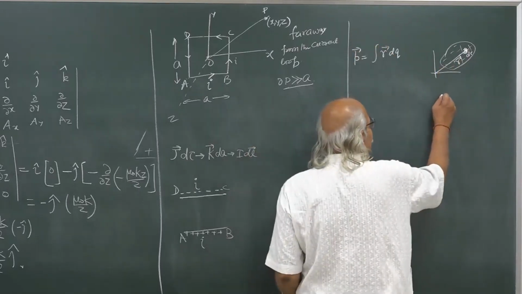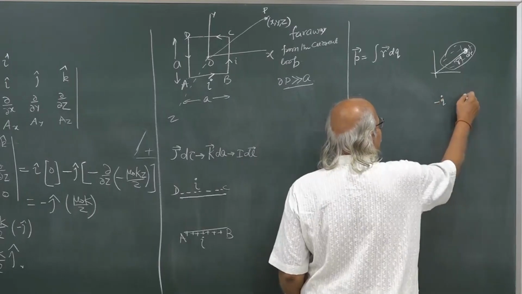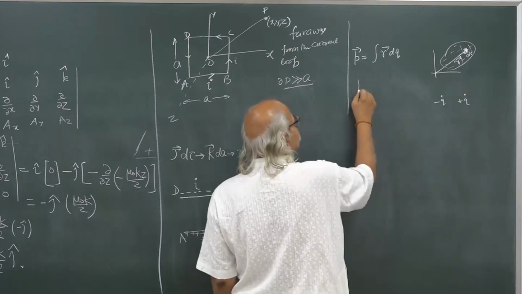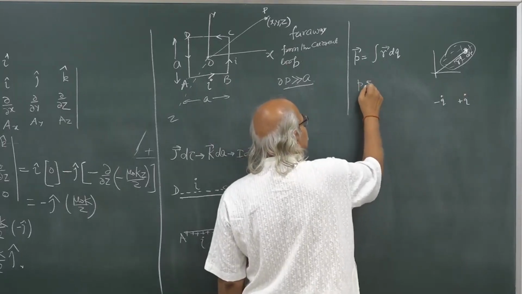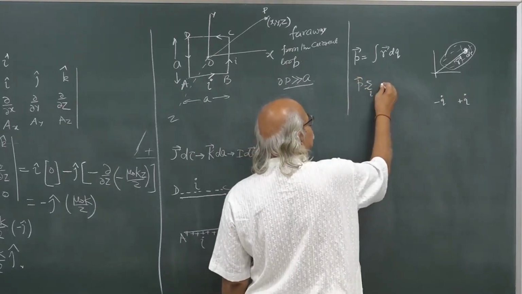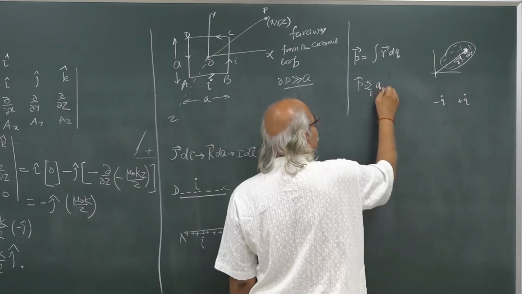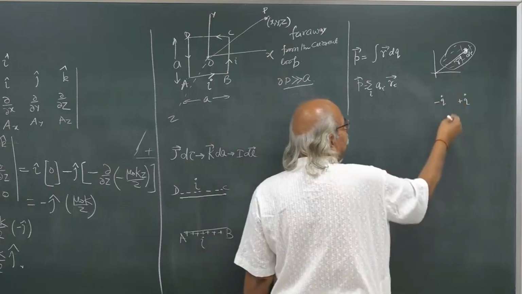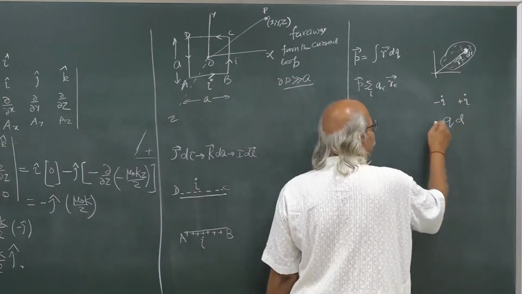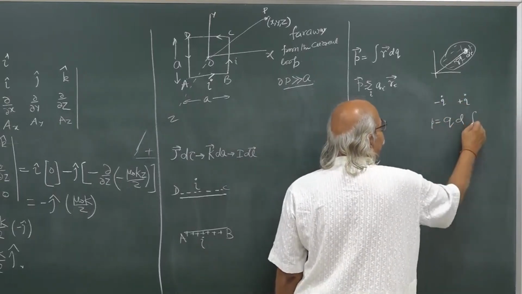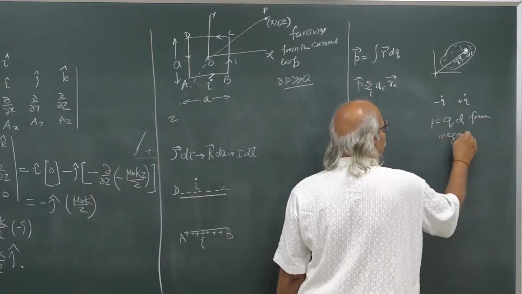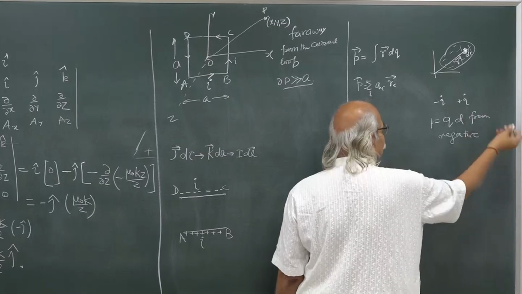Minus q plus q is also all right. Since it is discrete, it will be the summation of q_i r_i. And if you do this, you get your familiar q d. P is q d, from negative charge to positive charge, minus q to plus q.